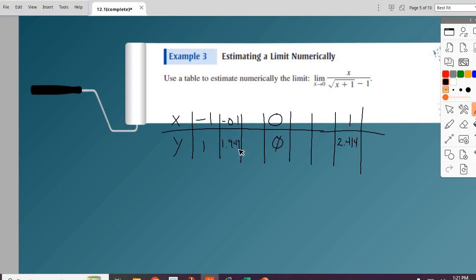And on the opposite end, 0.1 is 2.049. Yes? And you can go back and keep changing your step to get closer.